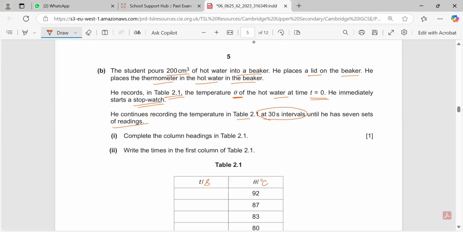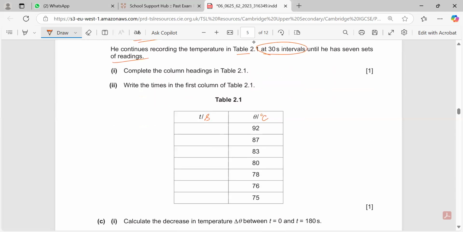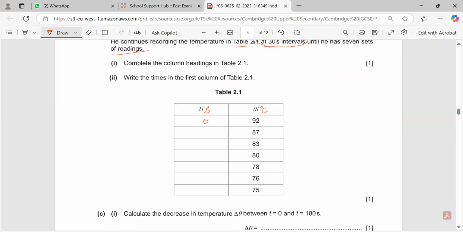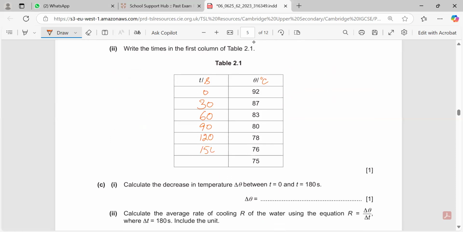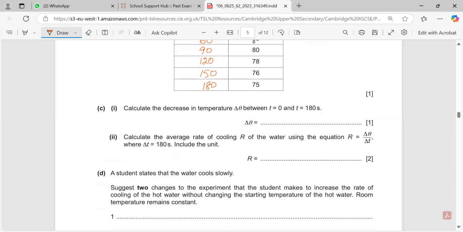He records the temperature theta of the hot water at T is equal to 0. So this is 0. Then at 30 second intervals, 30 plus 30, 60, 60 plus 30, 90, 90 plus 30, 120, 120 plus 30, 150, and 150 plus 30, 180. This is, I think, the replica of yesterday's question, almost the same stuff.